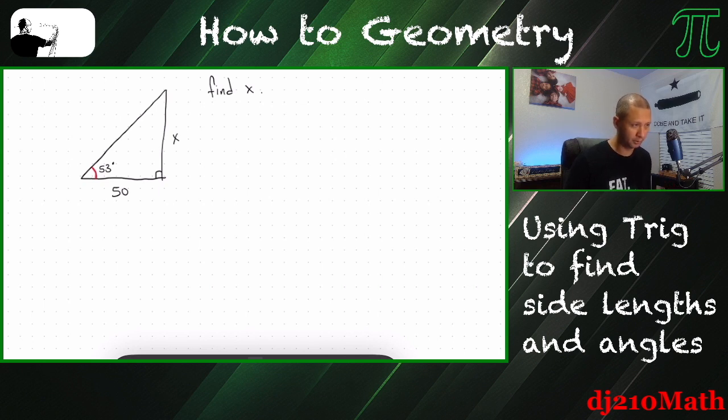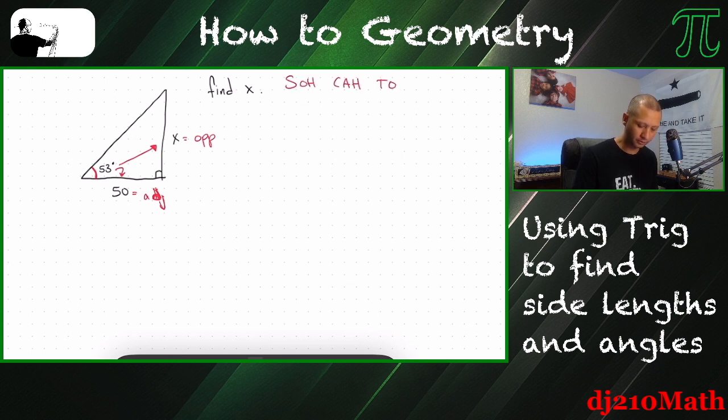From 53, x is definitely the opposite side, and 50 is going to be the adjacent side. And this is all from the perspective of the angle that we're given. So, opposite and adjacent.